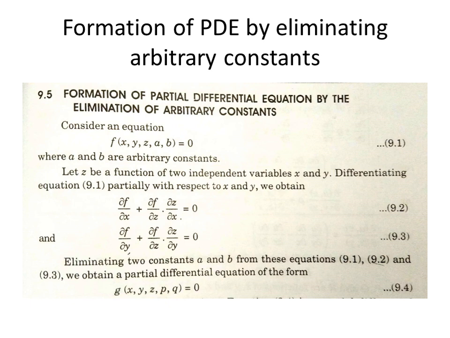With respect to x, we get equation 9.2, that is, del f by del x, as f is a function of x, y, z, a, b, where x, y, z are variables. So with respect to x, we have del f by del x plus, as it is a function of y, which is to be treated as a constant while partially differentiating with respect to x, but z is a function of both x and y.